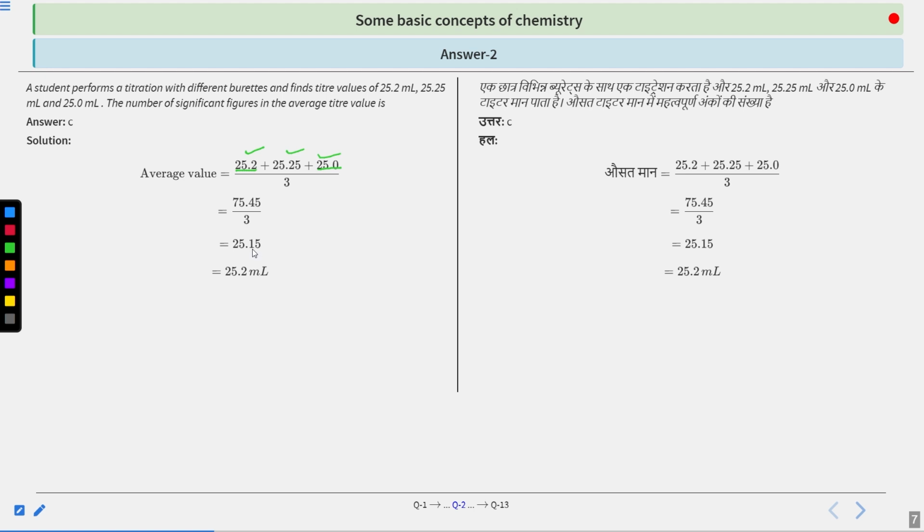So we will take 25.1 and round off using the next digit.